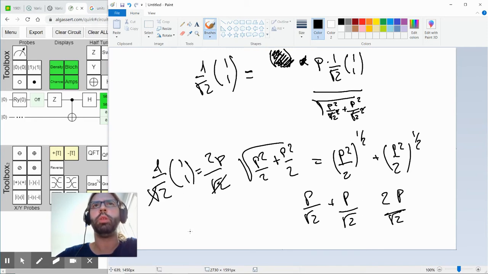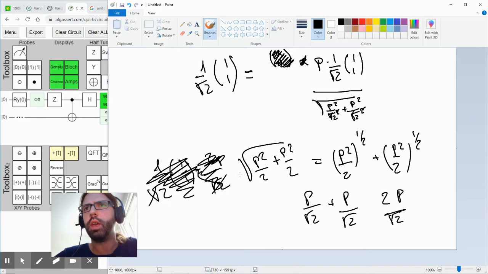What do I want P to look like? Something's not correct in here. I made some mistake. Sorry, that's the bottom part of the whole thing, right?